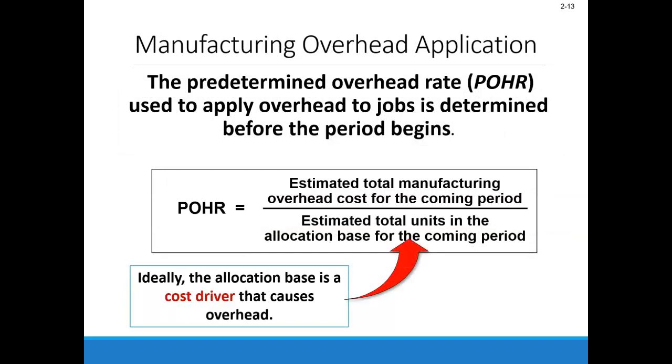The predetermined overhead rate used to apply overhead to jobs gets determined before the period even begins. So we need to use past history in order to come up with a reasonable approach for determining this allocation.